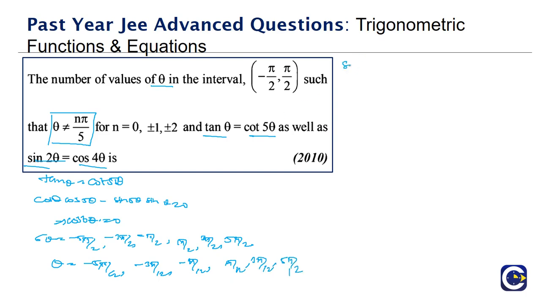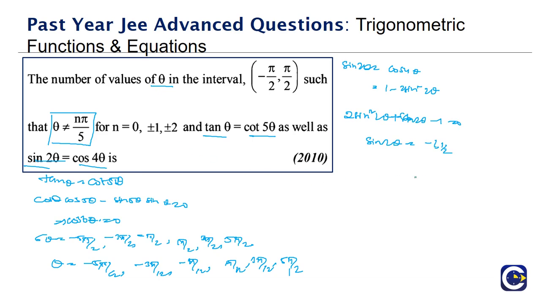So if you consider the second condition, sin 2 theta is nothing but cos 4 theta. So cos 4 theta is nothing but 1 minus 2 sin square 2 theta. So 2 sin square 2 theta plus sin 2 theta minus 1 is equal to 0. So sin 2 theta is nothing but minus 1 comma half.